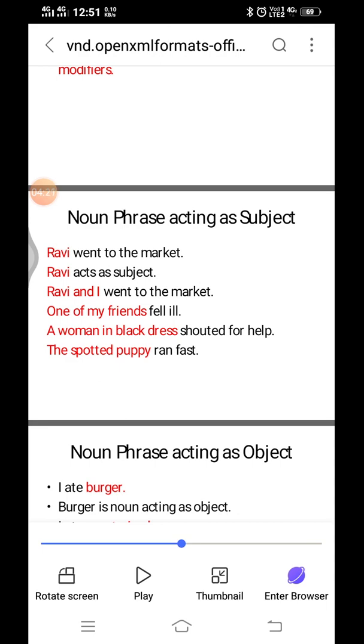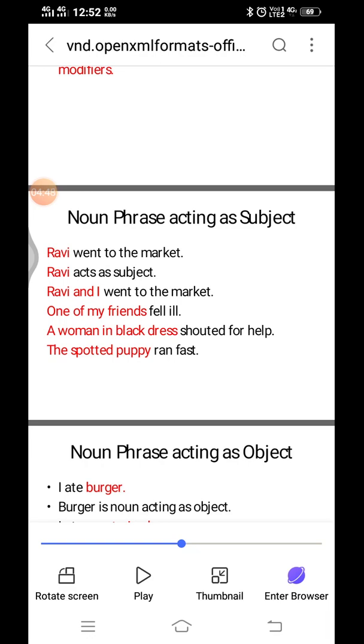Like, one of my friends fell ill. Now, the verb over here is fell. So, all the group of words which are there before the verb fell, that's going to be a noun phrase, like one of my friends. This is a group of words that will be a noun phrase here, acting as a subject.